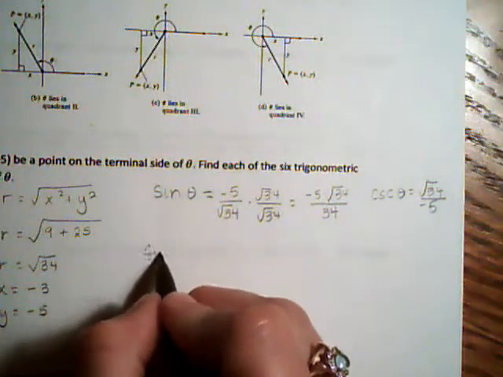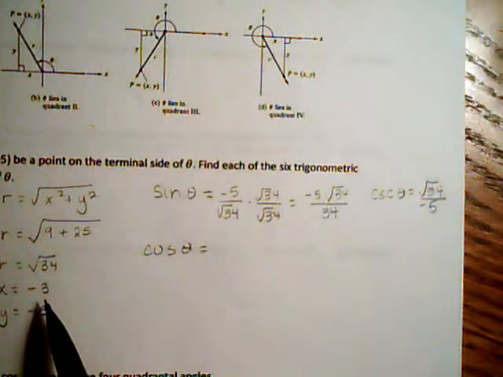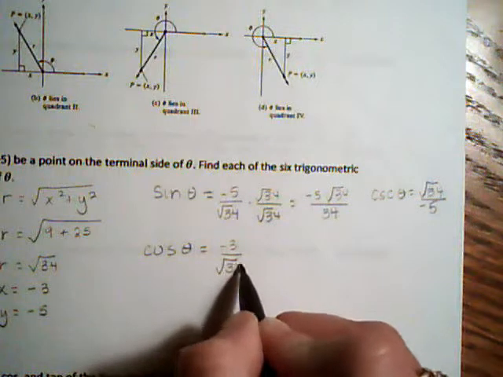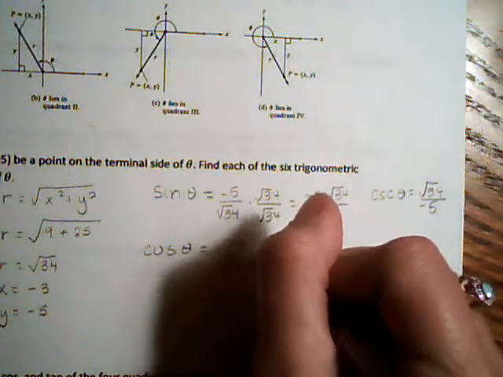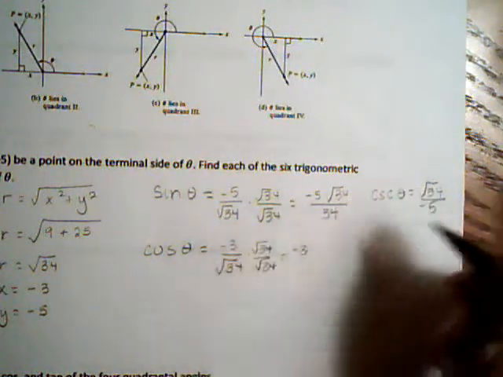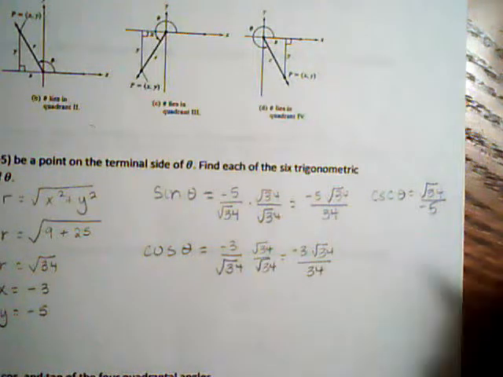The cosine of theta would be x over r. So x is negative 3, r is the square root of 34. Again, you'd have to rationalize. That gives us negative 3 square roots of 34 over 34.